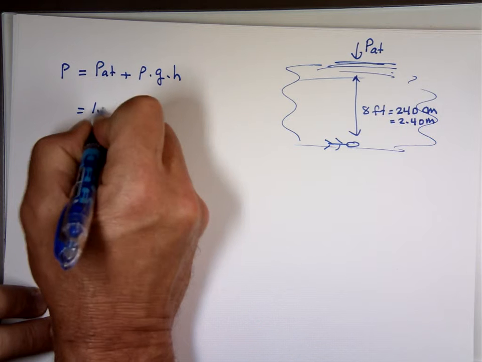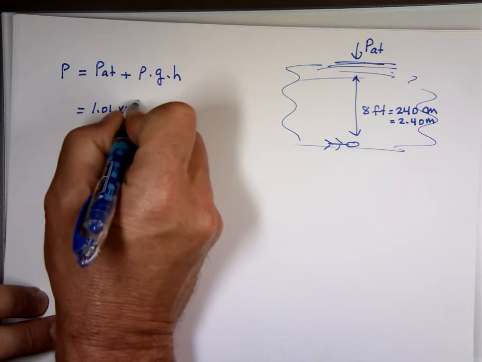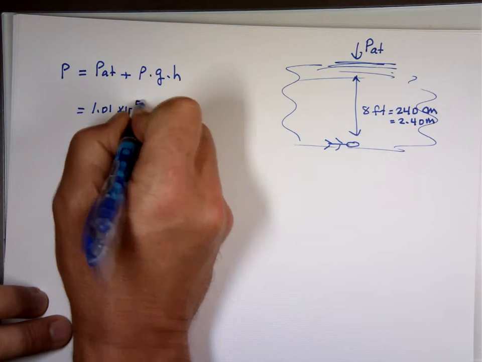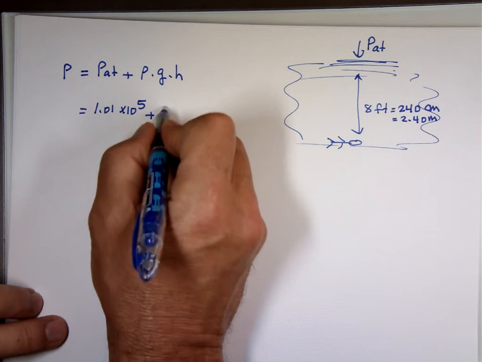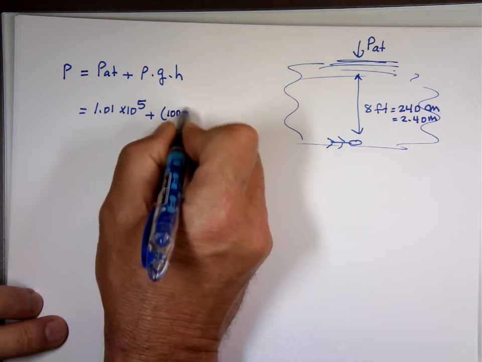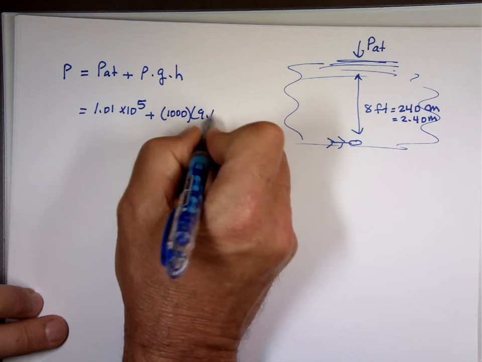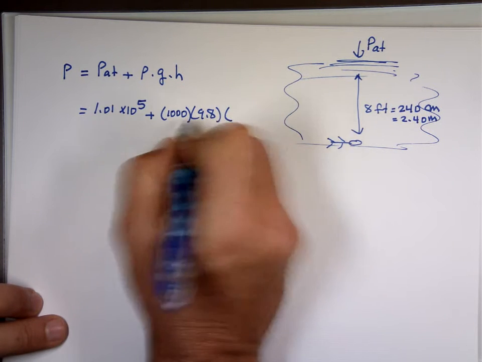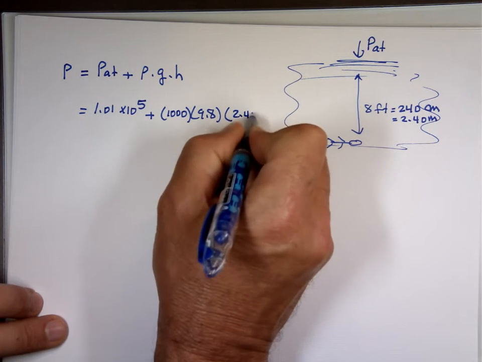Atmosphere pressure is 1.01 times 10 to the fifth. Rho for water, fresh water, is roughly 1,000. Gravity is 9.8. The height, which is what? 2.4 meters.